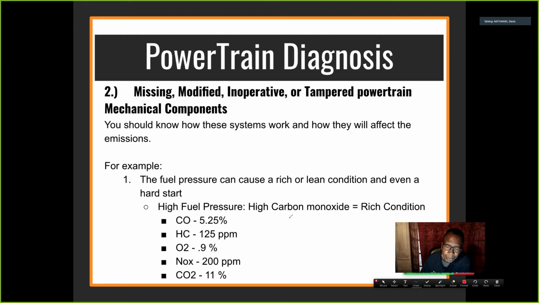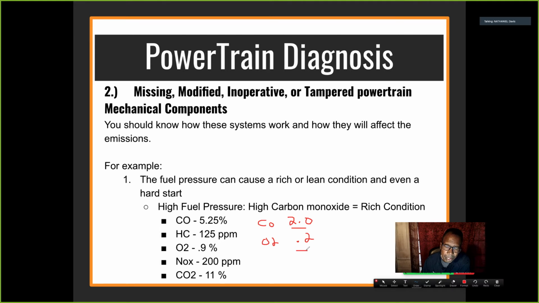Because usually I would say CO, let's say CO is 2%. All right, this is CO. Right? And my O2 is 0.2. That's high CO, low O2, a rich condition. Okay?